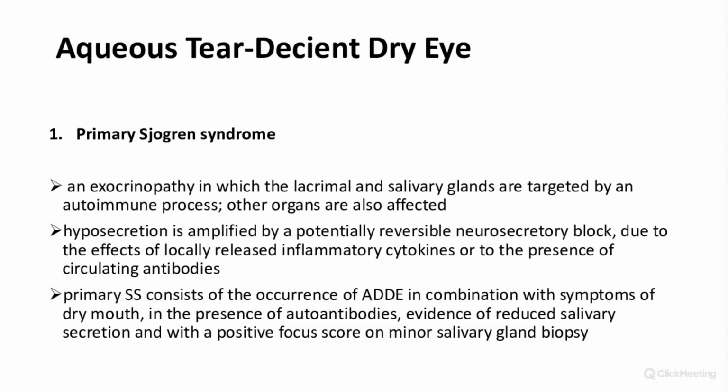It's an autoimmune disease, so other organs in the body could also be affected. A special autoimmune process develops with release of inflammatory cytokines and circulating antibodies, which is a typical feature of autoimmune disease.